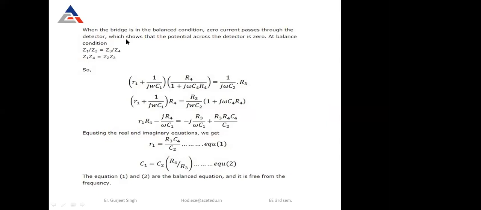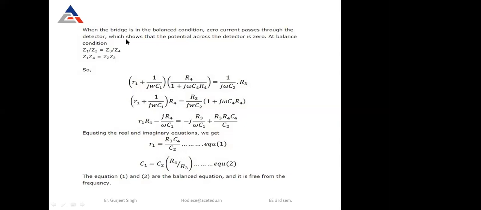Here Z1 and Z4 are the impedances of opposite arms, and similarly Z2 and Z3 are the impedances of opposite arms.